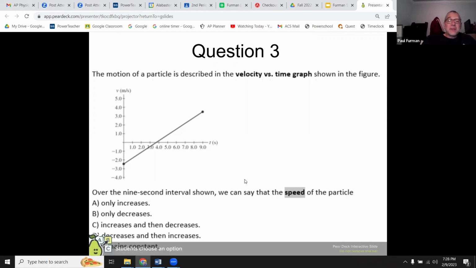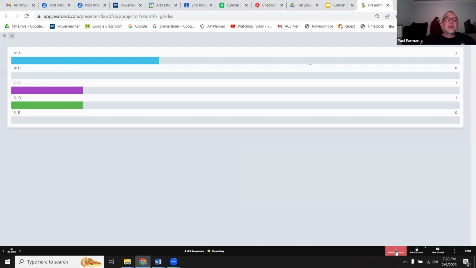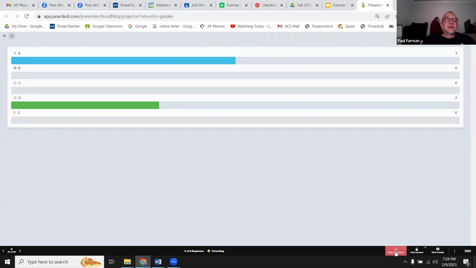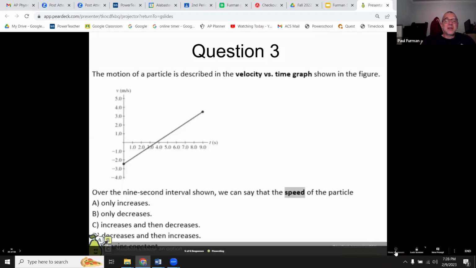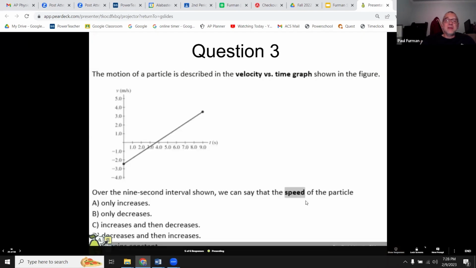Or I think the last option down there is remains constant. We got 3 answers vying for top billing. Looks like now A and D are running neck and neck. The correct answer is actually D on this one.